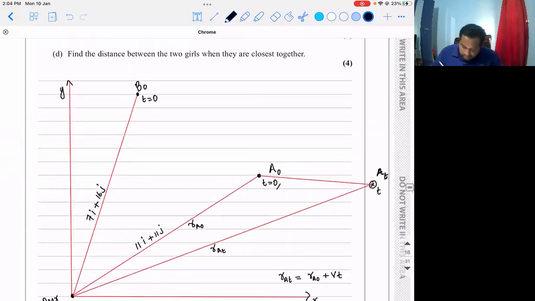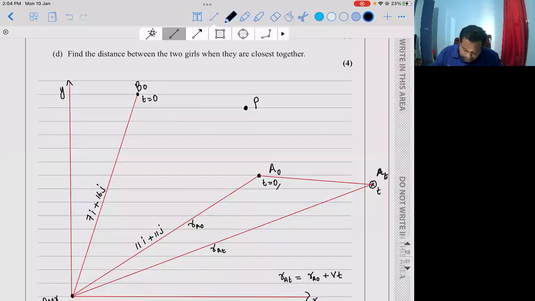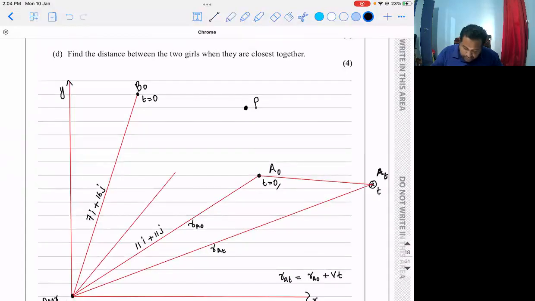So that means, like here is our point P. First of all, we have to show Agatha. First of all, we need to find what is the position vector of Agatha at t equal to 6.